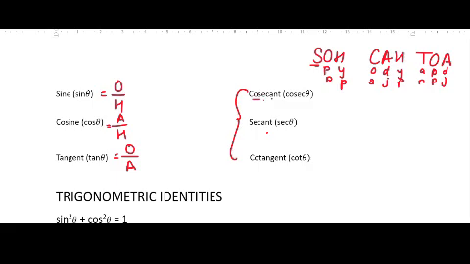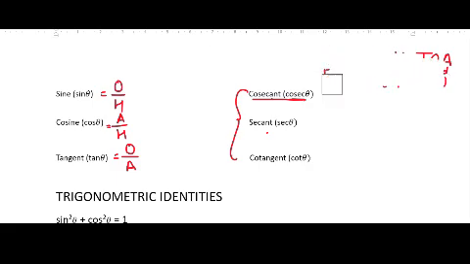Now cosecant, or what you call cosec. You don't refer to it as cosecant all the time, you call it cosec. This is basically written as 1 upon sine. So 1 upon sine is your cosec. If sine is opposite upon hypotenuse, you have 1 upon O upon h.